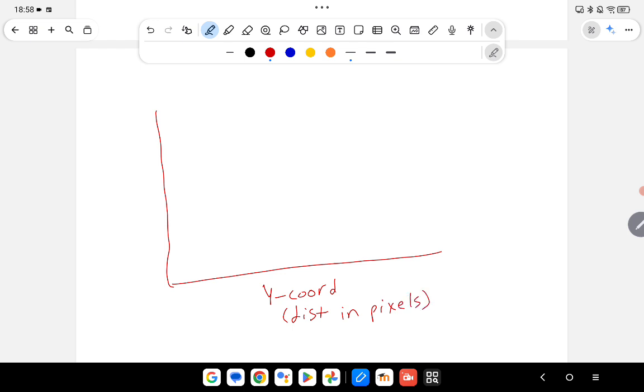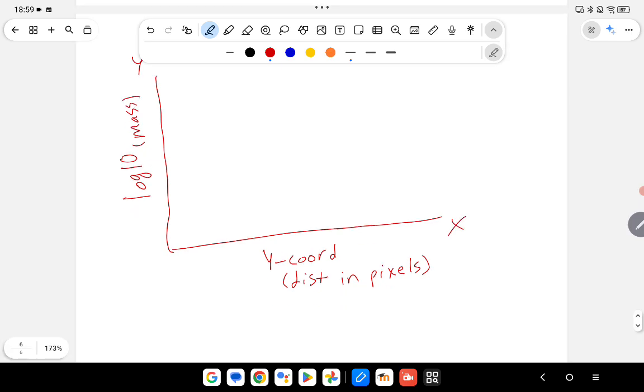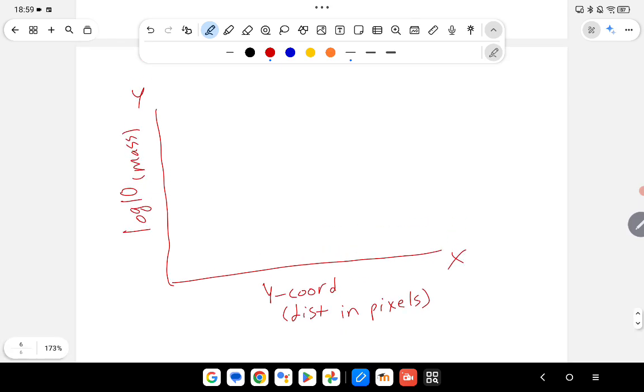And then here, we put the log 10 of the mass in our y-axis. So, understand which goes where. The slope for this looked like this, and this makes sense, because the heavier the protein, the more weight, the less distance it should cover.